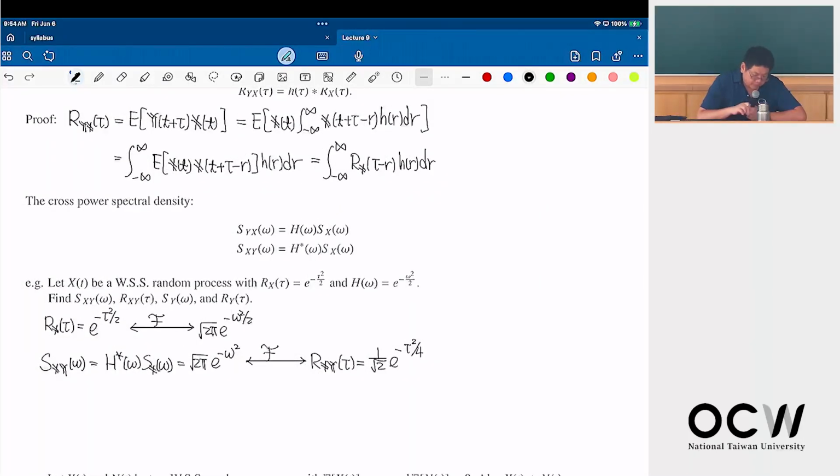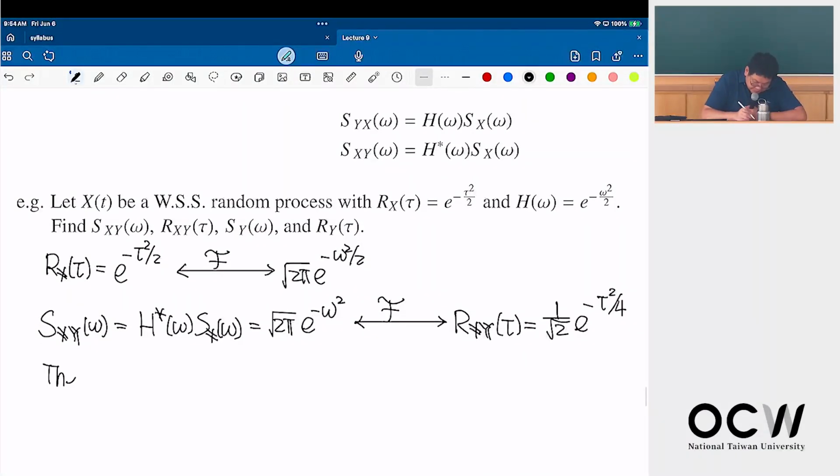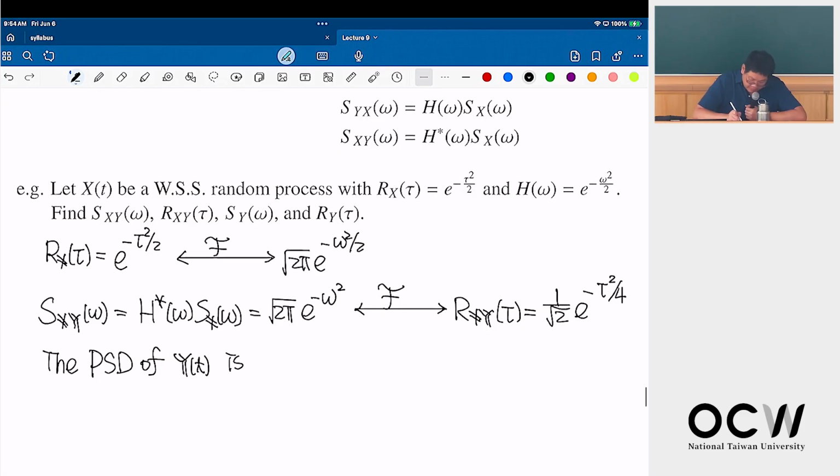Then how about the power spectrum density of y? The power spectrum density of the random process y, we know this should be the magnitude of the system response squared times the power spectrum of X. And then how do I get the power spectrum of Y?